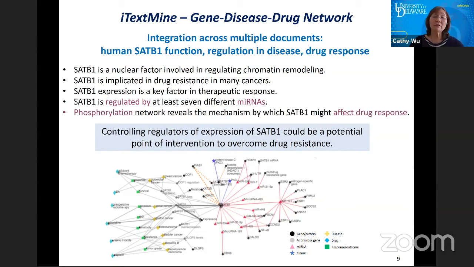So the take-home message here is that when you start combining knowledge across multiple documents, you can look into the function, you can look into the regulation in disease, you can look into the drug response.